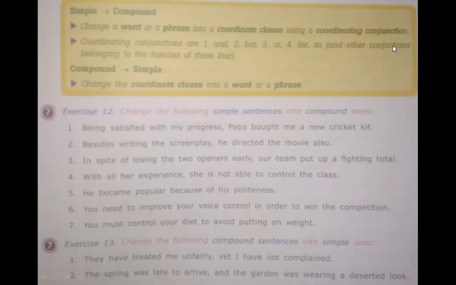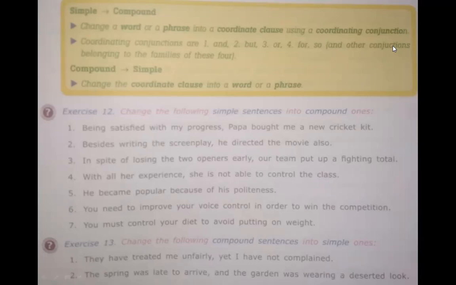They have treated me unfairly, yet I have not complained. This is a compound sentence. See, you have the coordinating conjunction "yet" here. Right. So you need to change this sentence into a simple one. Who's raising hand? Sachi. Let's go to Sachi first.